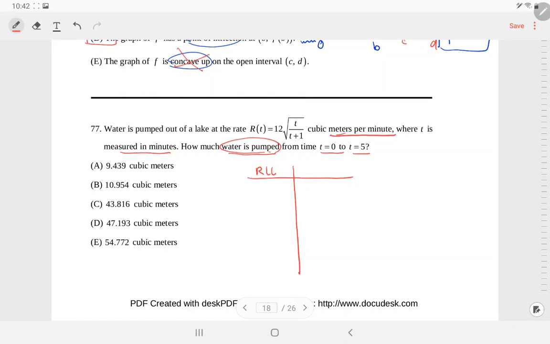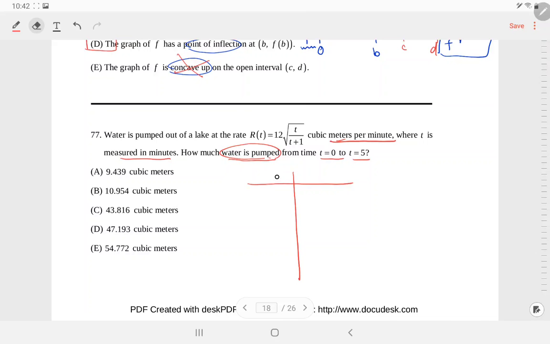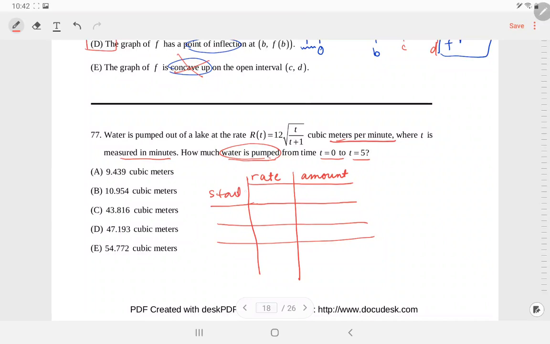This is the rate. Okay, I usually don't call it R of t though, so let me just write the word rate. Okay, so this is the rate, and this is the amount. Okay, and then what I like to do on those word problems is I have a start. There's no start rate, but there's a start amount, and sometimes I say where it starts.